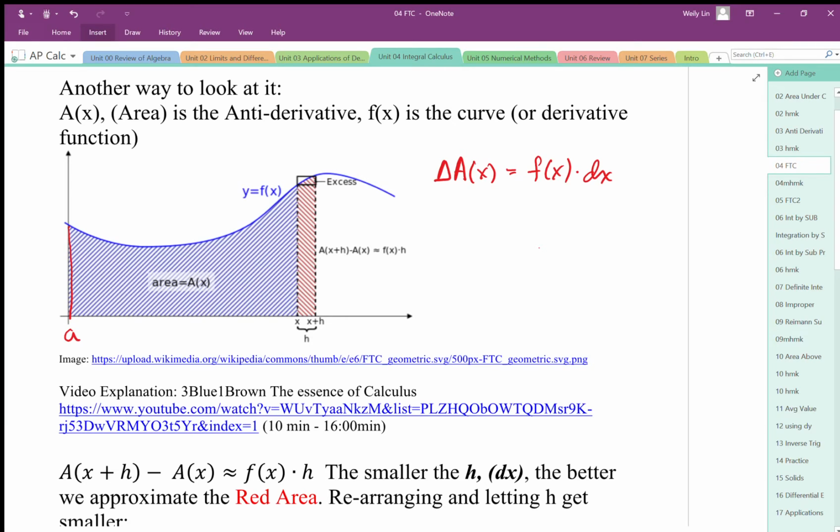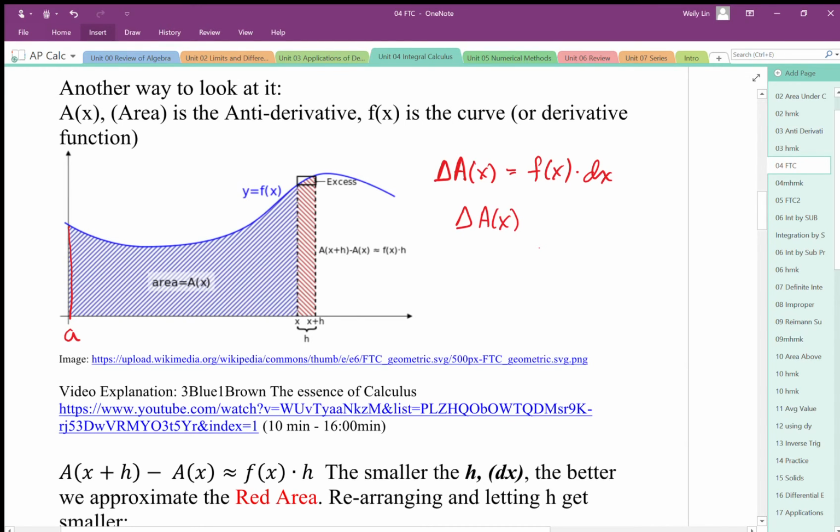Well, if that's really truly the case, then, right, that small area change is calculated by using f times dx, so I can just algebraically rearrange this and say this.